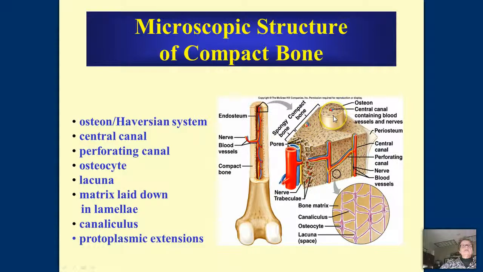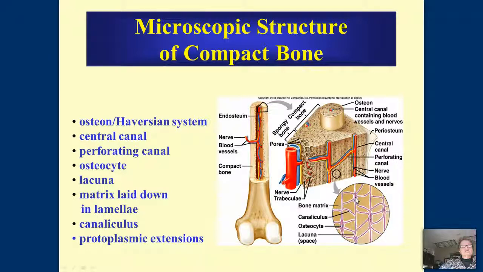Embedded in those plates of bone are inorganic salts, the non-living part of the bone, called the matrix. And in the non-living part of the bone is a depression or cavity that holds the living part of the bone, the osteocyte. So here's an osteocyte.